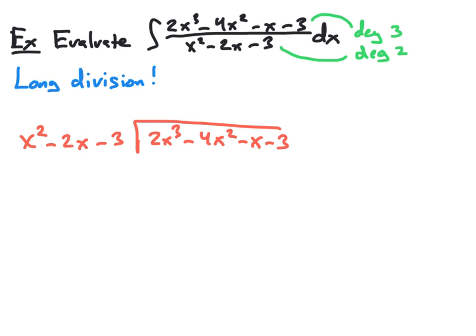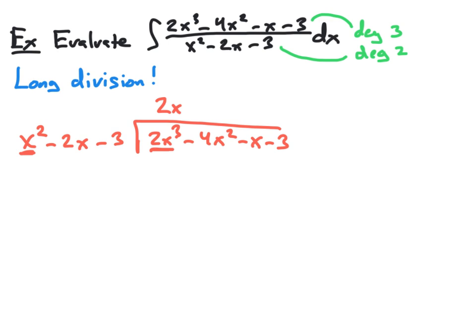We're going to look first at our leading terms. We have x squared and we have 2x cubed. And we ask ourselves, what do we need to multiply x squared by to get 2x cubed? Or alternatively, what do we get if we divide 2x cubed by x squared? And the answer to either of those questions is just 2x.